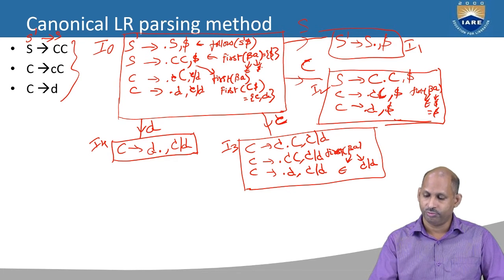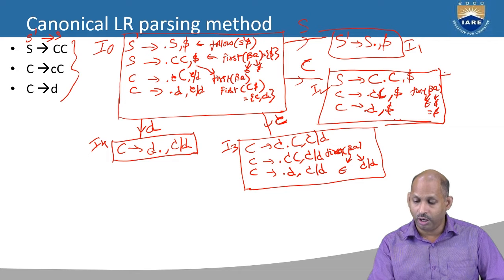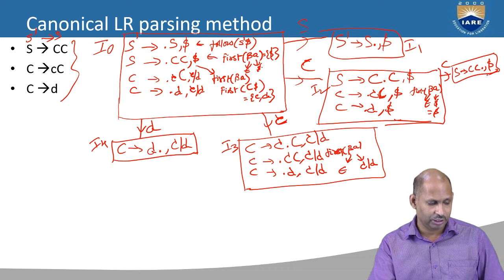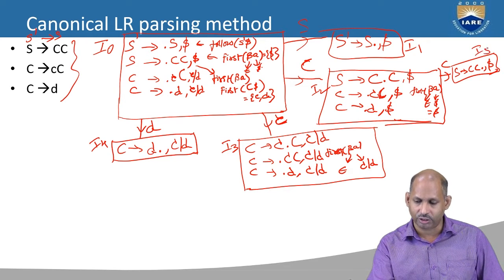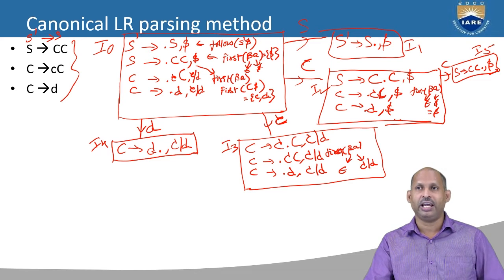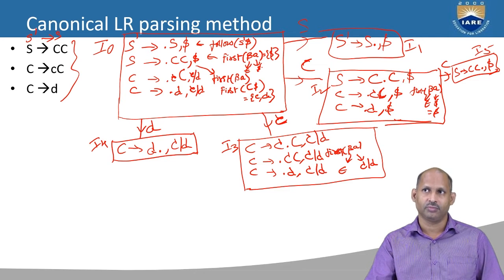Now on variable C, it gives C dot C as CC dot followed by terminal. That we refer to as the I5 group. Then terminal C and terminal D.